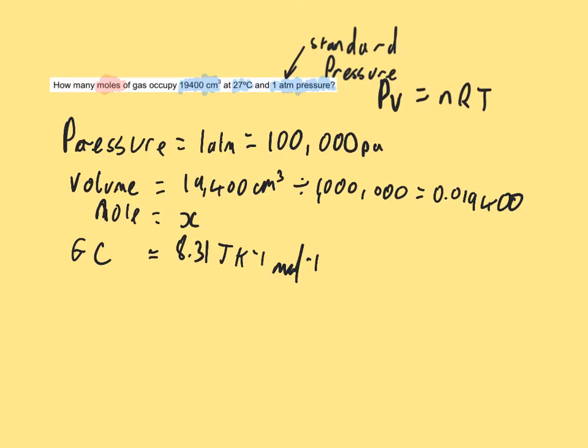And we have a temperature, which is, in this case, 27 degrees, which we can't use, so we're going to have to add 273, which will create exactly 300 Kelvin.